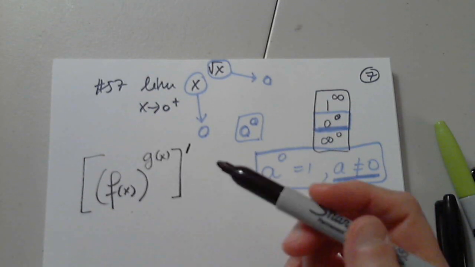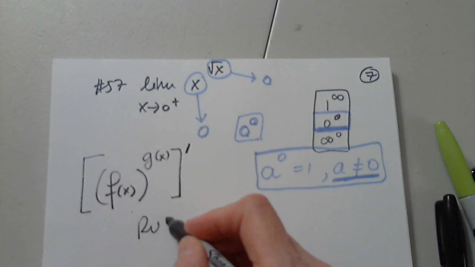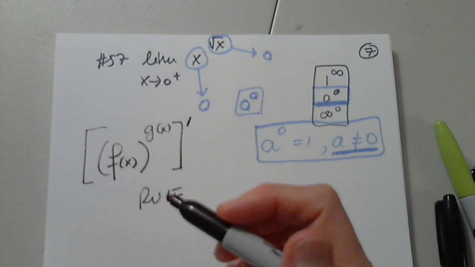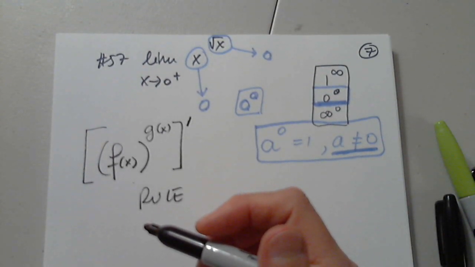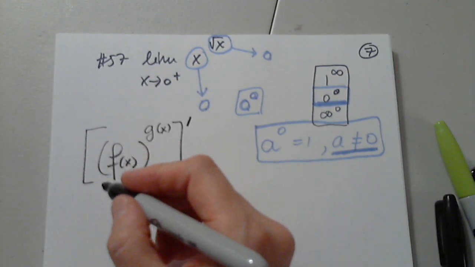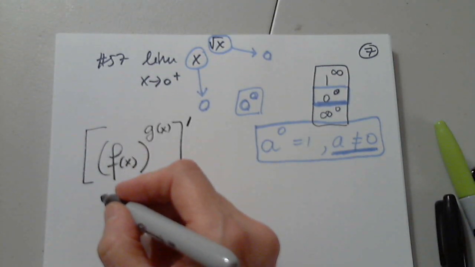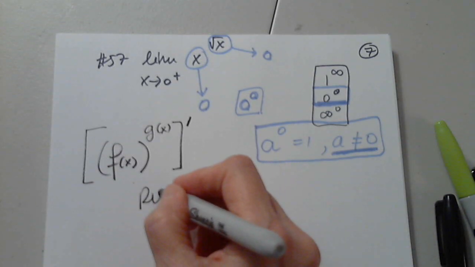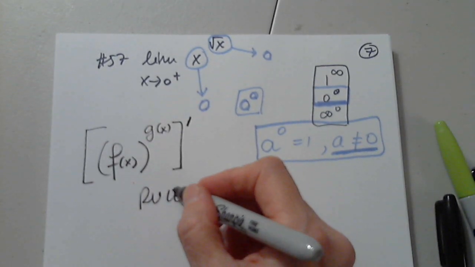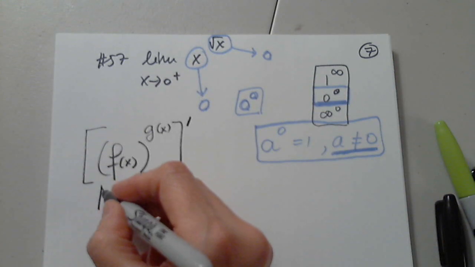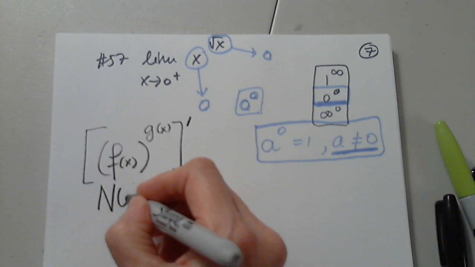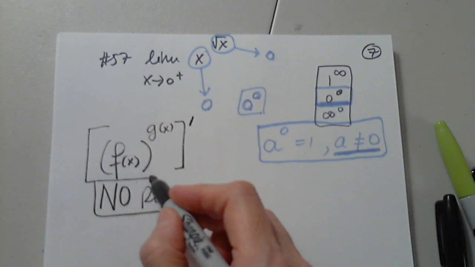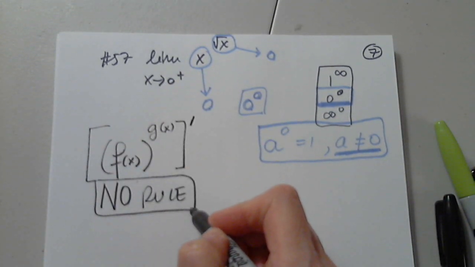What was the rule? Isn't it like the function prime, or like the inner function times the prime of the inner function, something like that? Or g of x times the inner function prime. I don't know. I forgot.